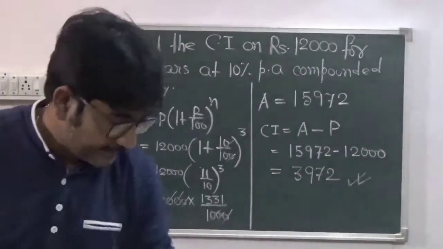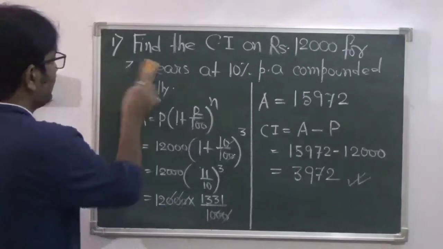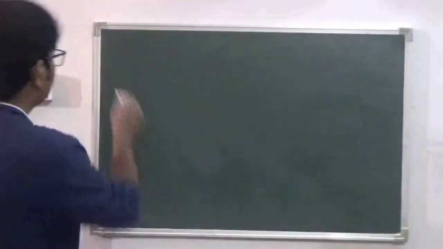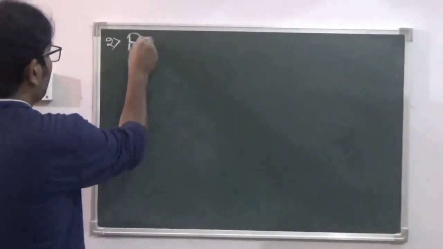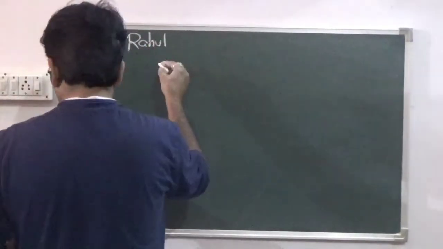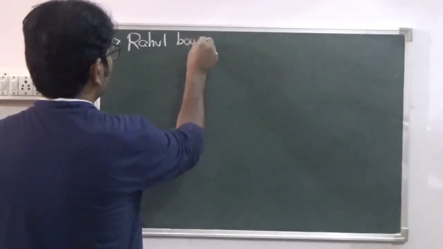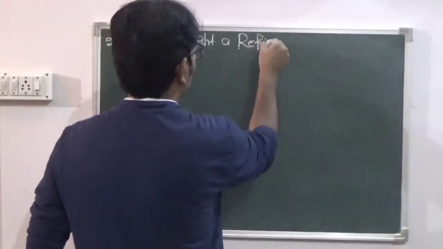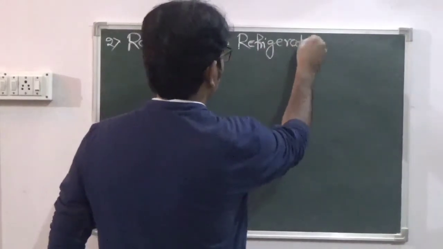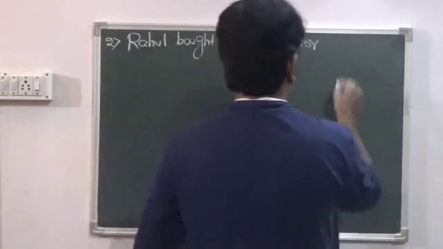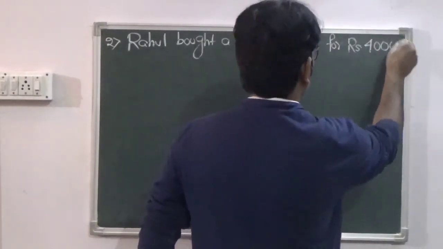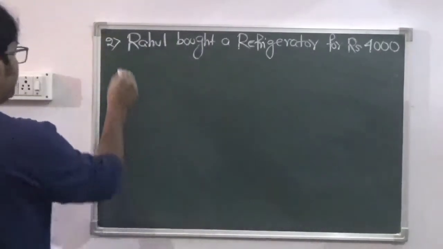Now let us take the second question here. Rahul bought a refrigerator for rupees 4,000 on credit.